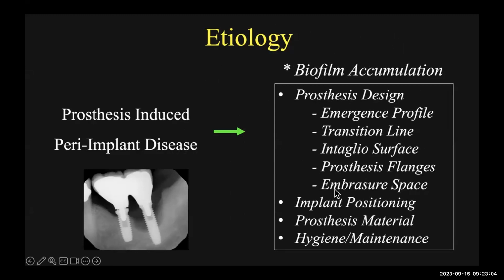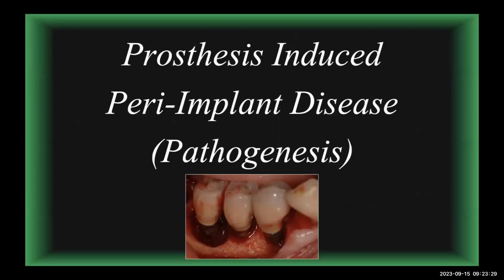I'm going to show you how you can design these prostheses differently to prevent peri-implant disease. Then I'll talk about other factors such as implant positioning and prosthesis material. There are good materials and there are bad materials that will end up causing this problem. And then we'll end up with hygiene and maintenance. And I have some really good studies that will really amaze you on what happens after patients get these prostheses.